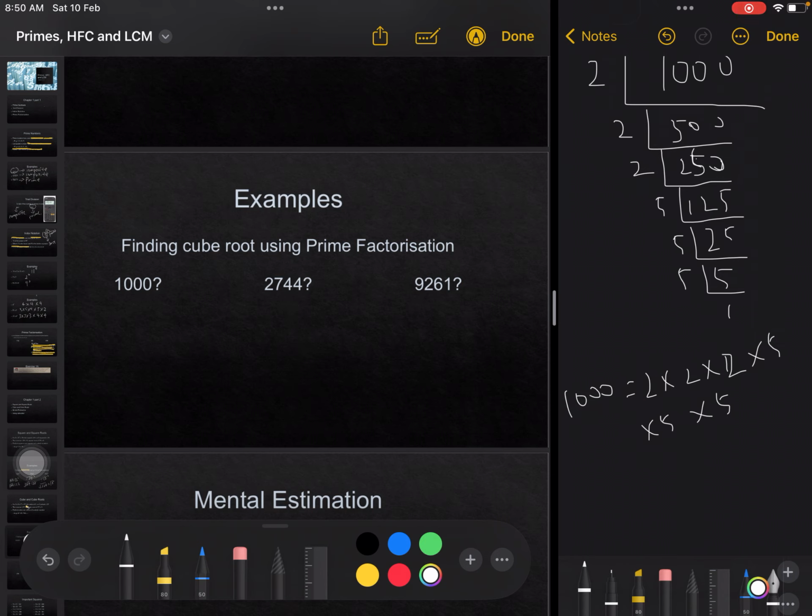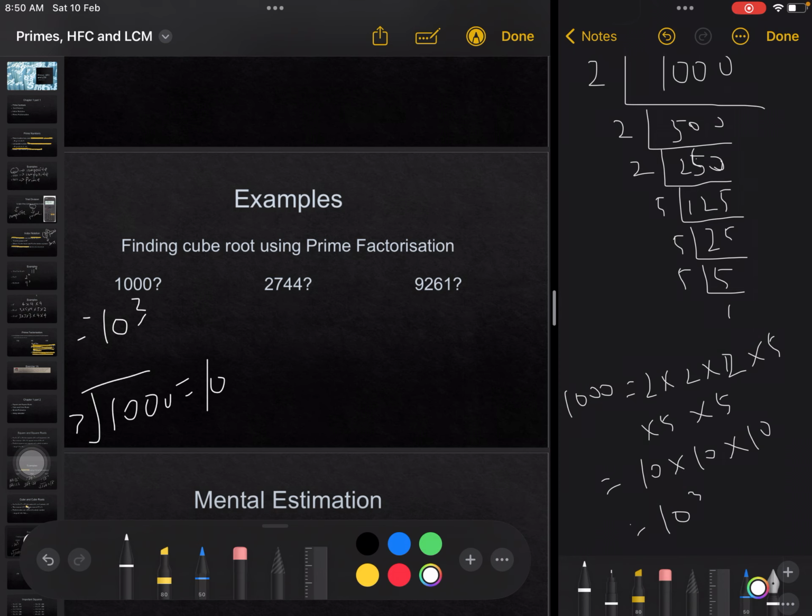Which equal to 10 times 10 times 10, equal to 10 cube. So 1000 equal to 10 cube. Hence, cube root of 1000 is equal to 10.